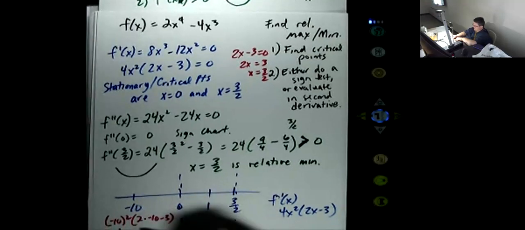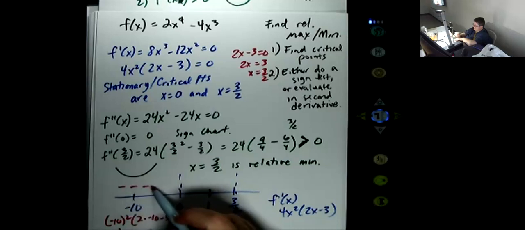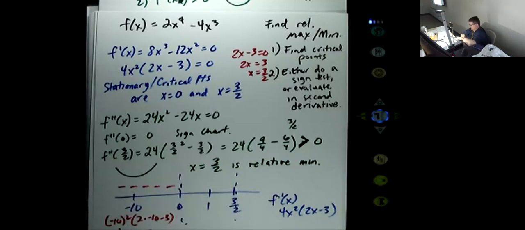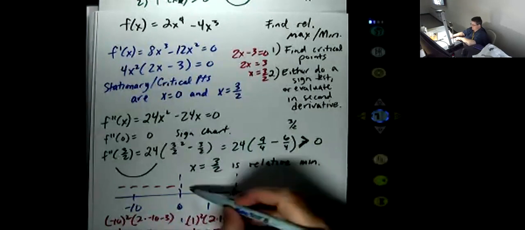This is a positive and a negative. This region is negative. And if I stick in a 1, 1 squared times 2 times 1 minus 3, positive and negative, this is also negative.